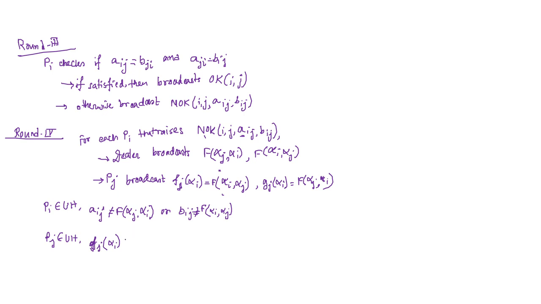is not equal to the dealer's value. Both Pi and Pj are comparing with the dealer's value, right?